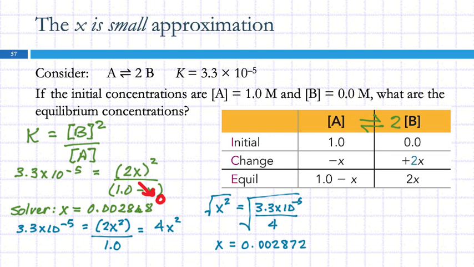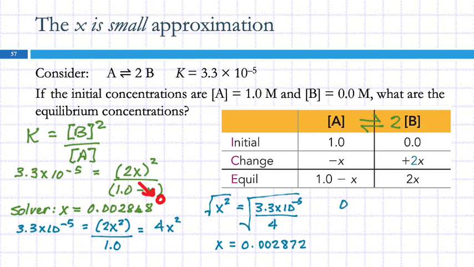So the check to see that the x's small approximation is valid without doing the other calculation is we're going to take what we get for x and we're going to find out what percent of this number is it, whatever I'm subtracting it or adding it to.